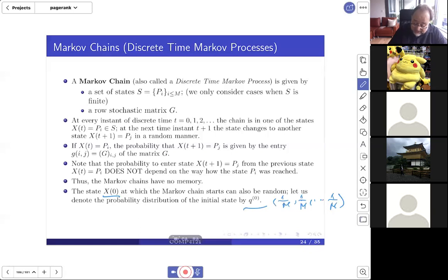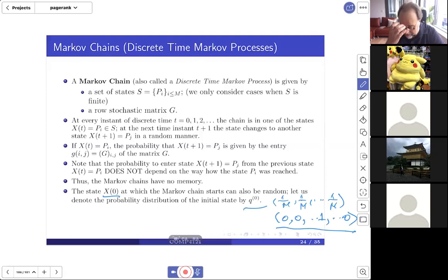X0 can have an arbitrary distribution, and even this distribution can be like this: 0, 0, and then at a single place 1, and everywhere else 0. If this is the initial probability distribution, how do we interpret this?